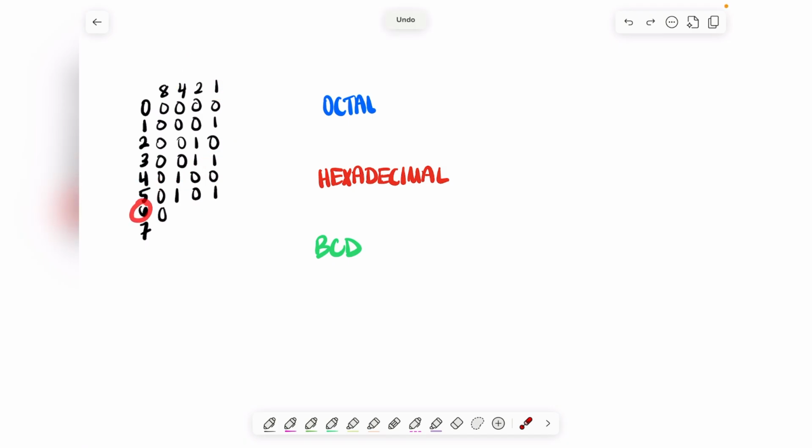To make 6, I'll need 0 8s, 1 4, 1 2, and 0 1s, because 1 4 and 1 2 together make a 6. And to make 7, I'll need 0 8s, 1 4, 1 2, and 1 1, because 4 plus 2 gives me 6, plus a 1 gives me 7, which is the number I want to represent.